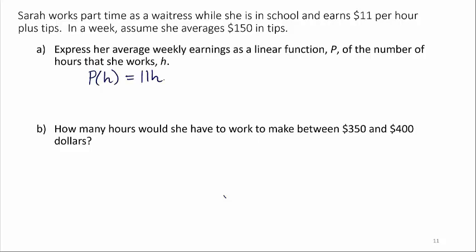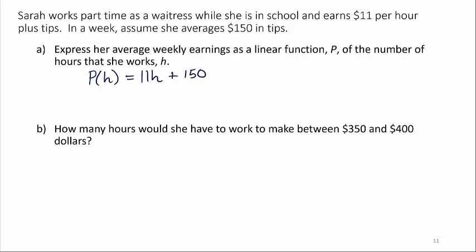So we'd have 11h. And then she also earns tips on top of that, right? And we're making an assumption that whatever she earns for the week in terms of her regular hourly rate, she would earn $150 on top of that, right? So the function that would express her average weekly earnings would be P of h equal to 11h plus 150.